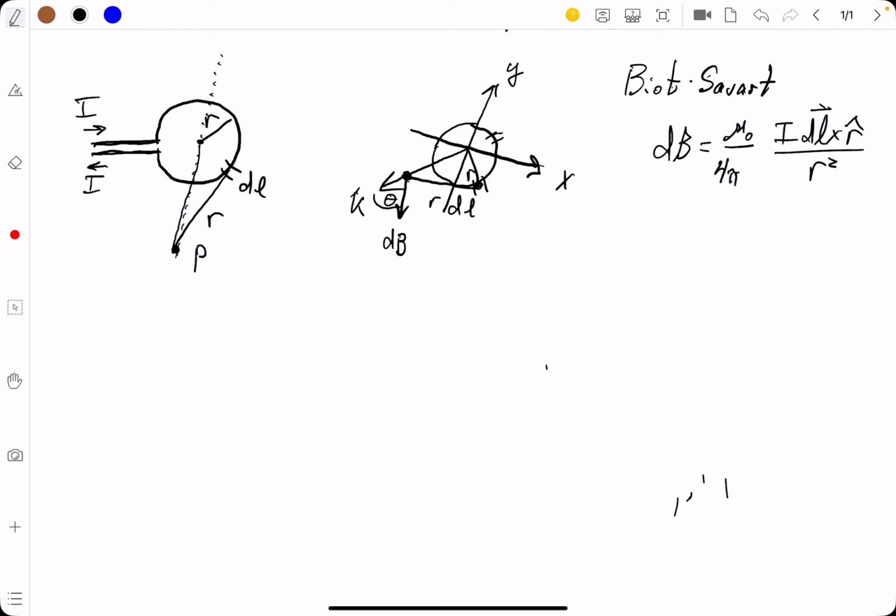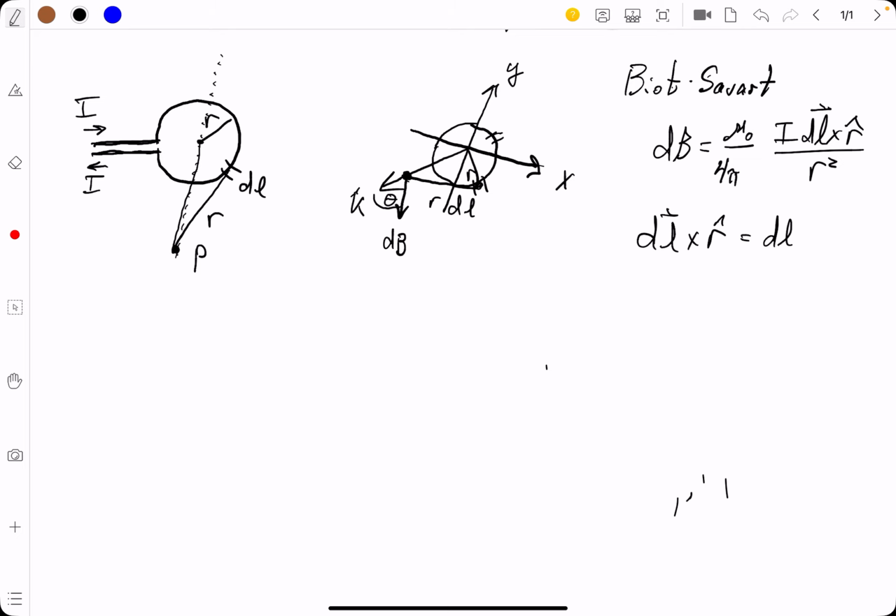We need to figure out a few things, like for instance, dl cross r hat. Notice that this is going to be equal to dl sine of pi over 2 r hat, and sine of pi over 2 gives us the 1 that we need.